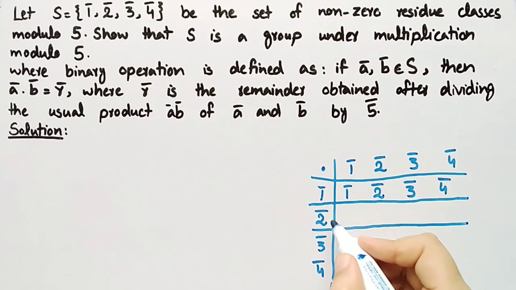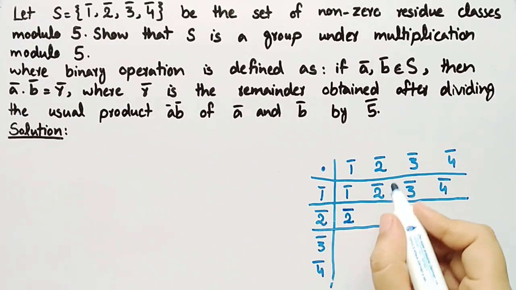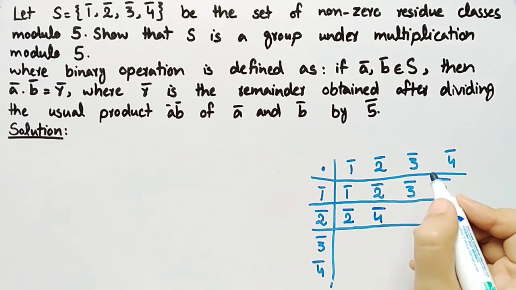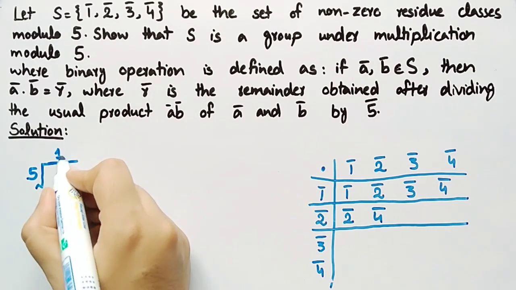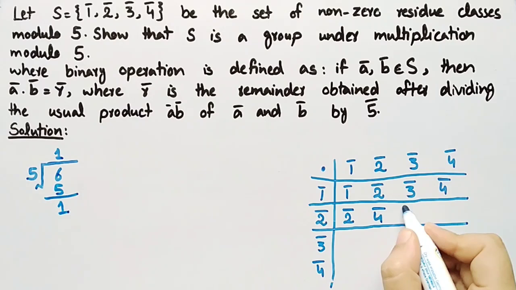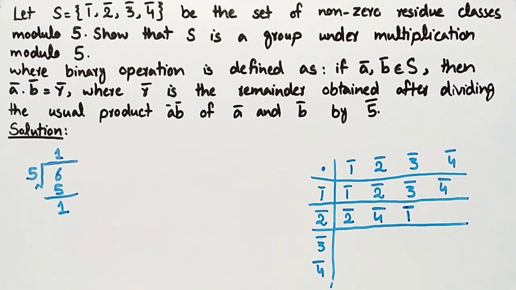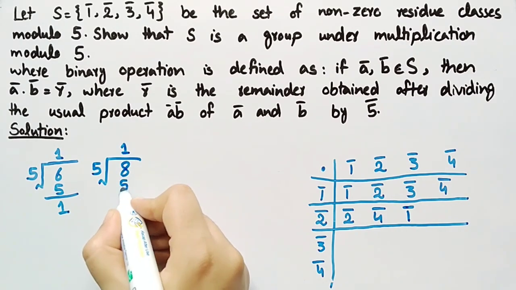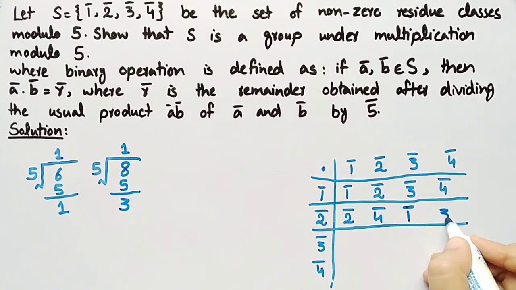Now we will multiply 2 by all of these elements one by one. 2 multiplied by 1 is 2, 2 multiplied by 2 is 4, 2 multiplied by 3 is 6, which is greater than modulus 5, so we divide it by 5. 5 times 1 is 5, and we get remainder 1, so here we write 1. 2 multiplied by 4 is 8, which is greater than 5, so we divide 8 by 5. 5 times 1 is 5, the remainder is 3, so we write 3.